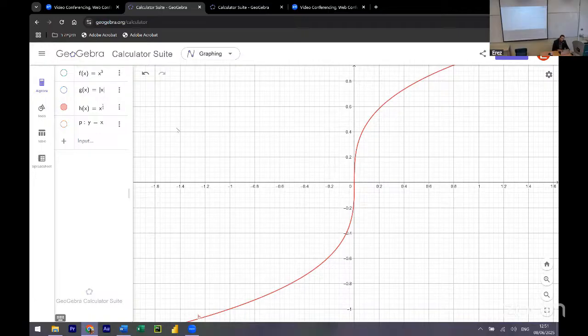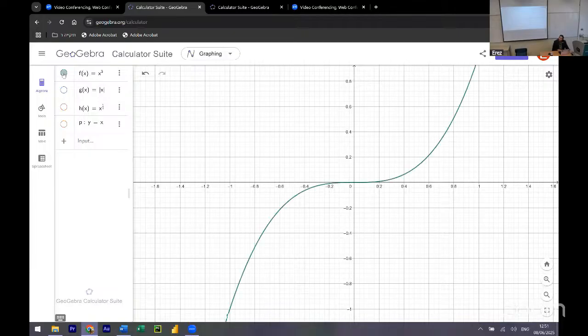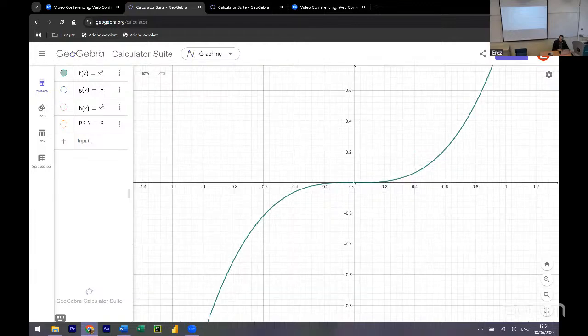Okay, but again, what makes this differentiable geometrically? If I zoom in near zero, what will I see?